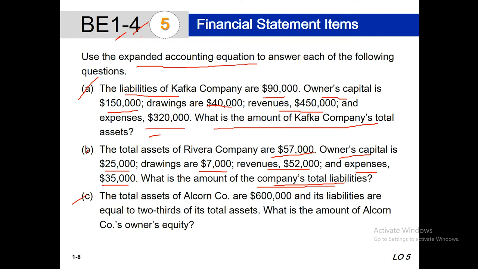Now requirement C. The total assets of Alcon Company are $6 lakh, and its liabilities are equal to two thirds of its total assets. Two thirds of 6 lakh will be 4 lakh.